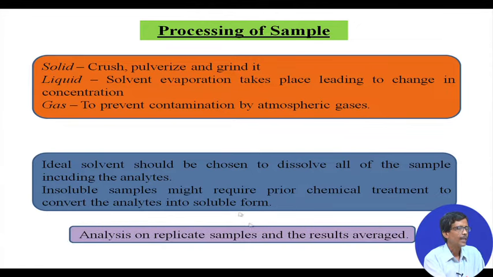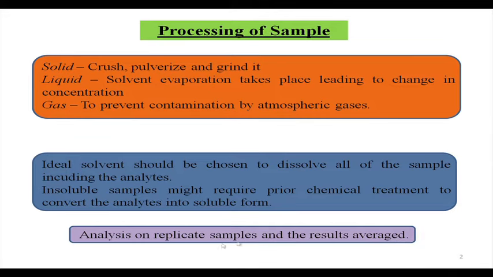Analysis is done on replicate samples and the results are averaged. We can go for 1, 2, 3 or 4 samples. Four samples can be analyzed together, and we take the average, which is an acceptable range of the corresponding percentage of either manganese or iron in this example of ore.